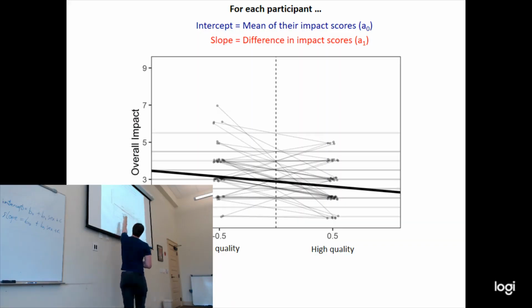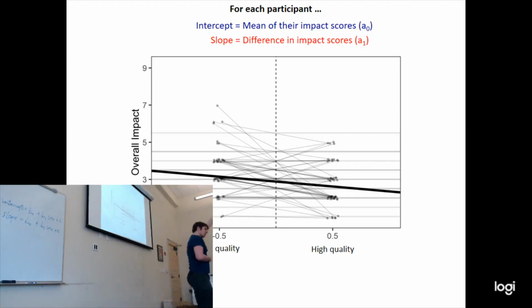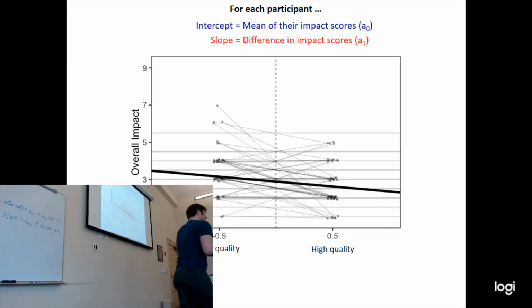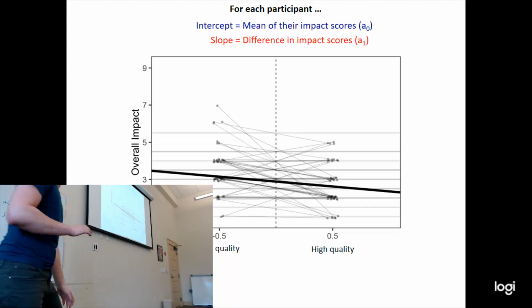But right here is the line that represents our average intercept and our average slope. These gray horizontal lines are the differences from the intercepts, and these thinner lines that connect the 2 points represent the individual differences across reviewers.